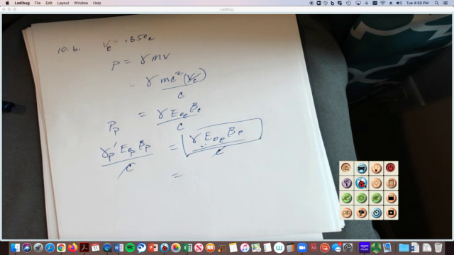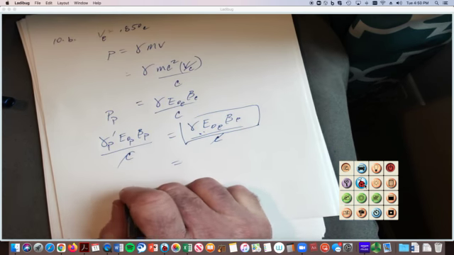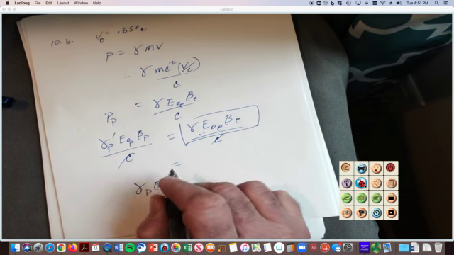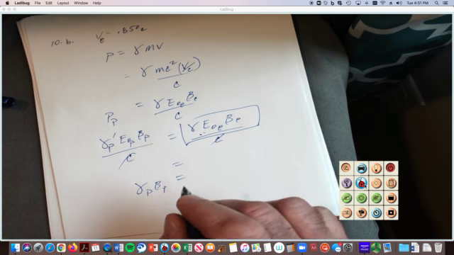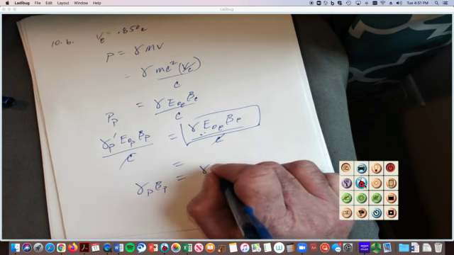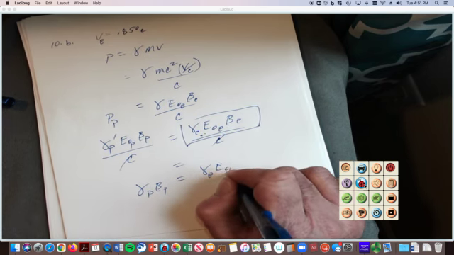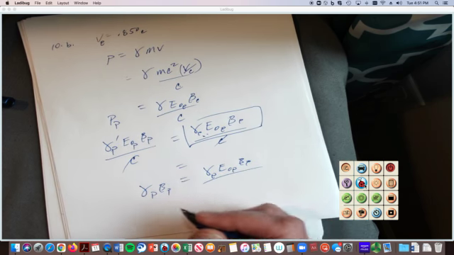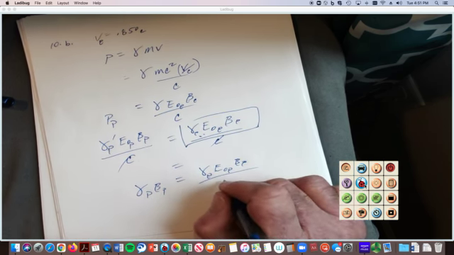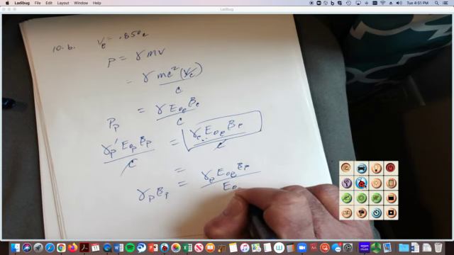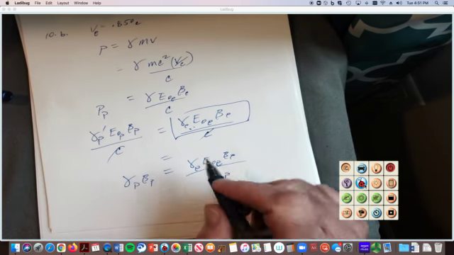So I've got gamma P times beta P is equal to gamma of the electron, times E naught of the electron, times beta of the electron, divided by the rest energy of the proton. Now you have a number.